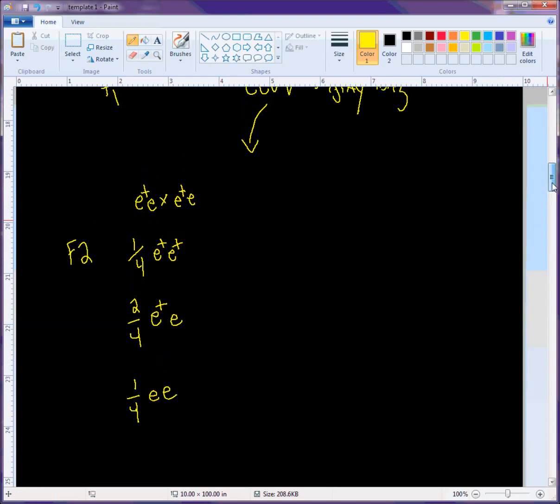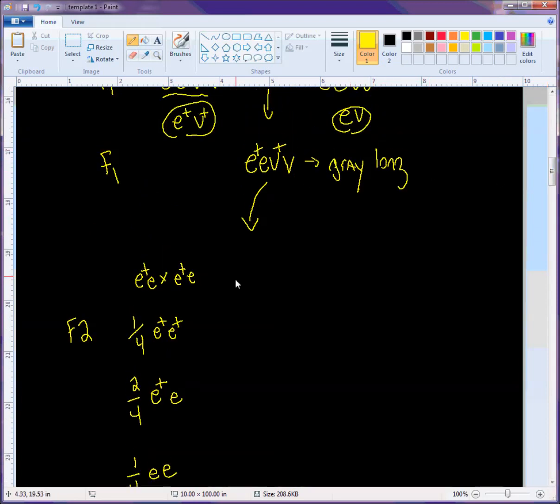And we can do the same thing for vestigial. So if we were just looking at long wings versus vestigial, 1/4 would be V plus V plus, 2/4 would be V plus V, and 1/4 would be two little v's.